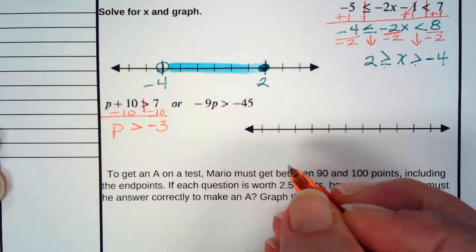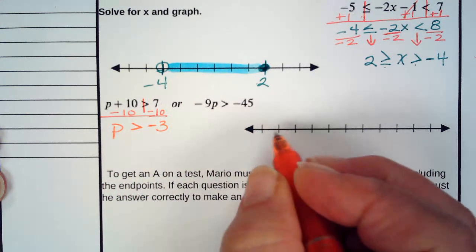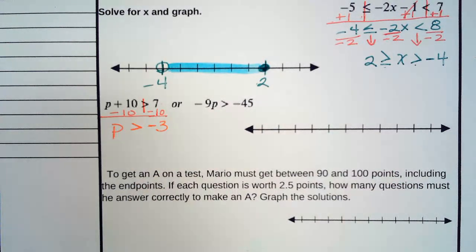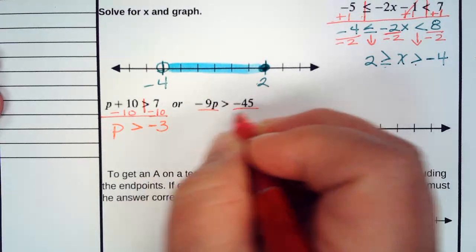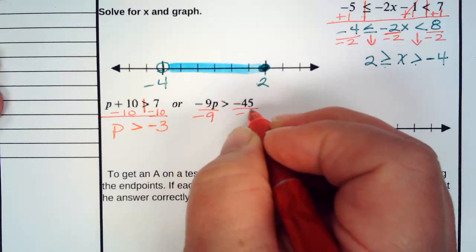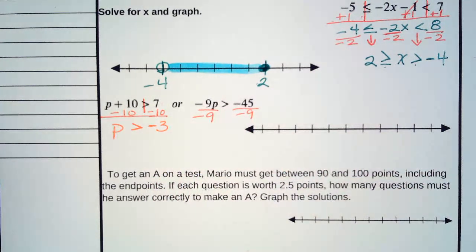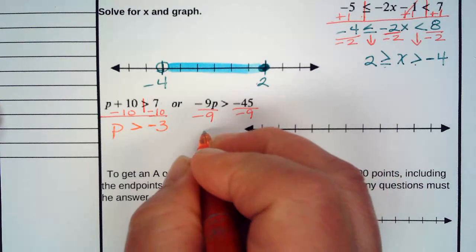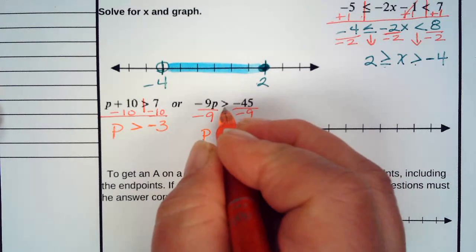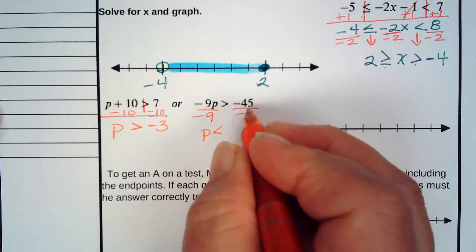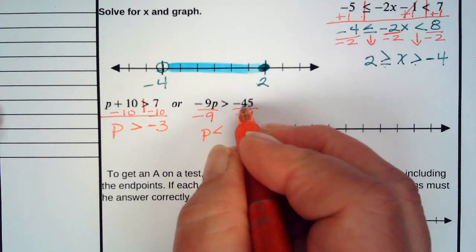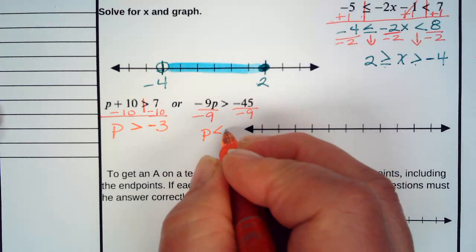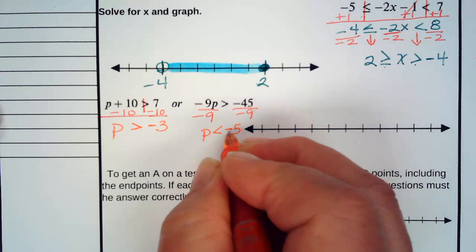So P is going to be greater than -3. Okay, this time I'm going to divide by -9 on both sides. I've got P. This switches around, is less than -45 divided by -9 is +5.